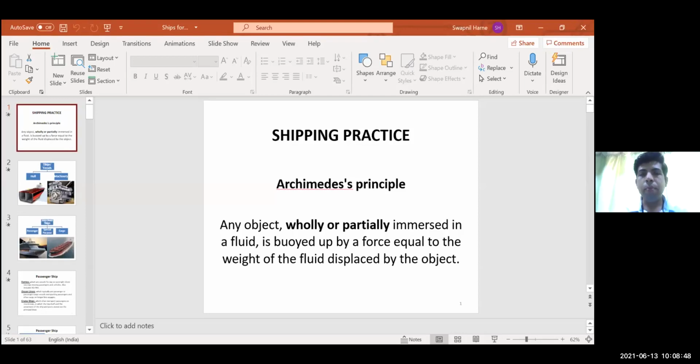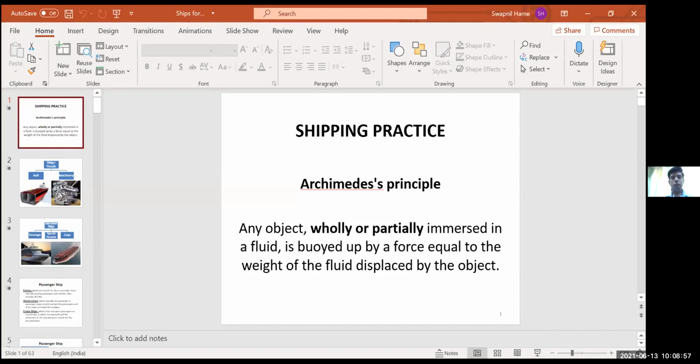Once again, I am repeating, the displacement of a ship means that when the ship is placed in water, maybe she is in a river or she is out at sea, whatever it is, the amount of water displaced by the ship would be exactly equal to the weight of the entire ship. That is called displacement. Furthermore, this displacement is classified as light displacement or deadweight. We'll come to it shortly. As of now, you understand what displacement is. Is this clear to all of you?